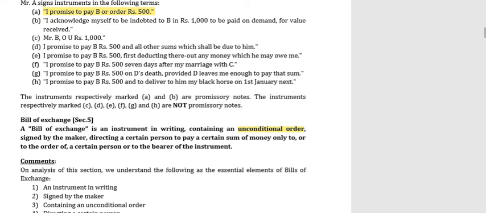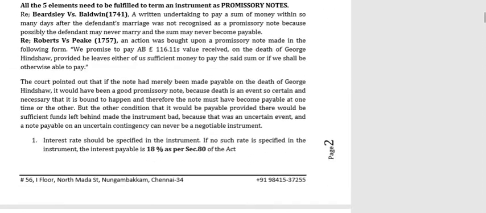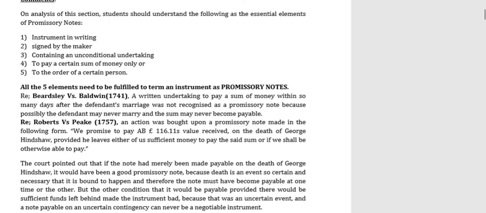Sir, if you had stopped at I promise to pay B rupees 500 on D's death, then the promissory note would have been valid. Provided he leaves me enough sum to pay only makes the instrument invalid. I promise to pay B a sum of rupees 500 and deliver to him my black horse on 1st of January. All these are examples wherein it doesn't make out to be a promissory note. So, a promissory note is an unconditional undertaking, right?